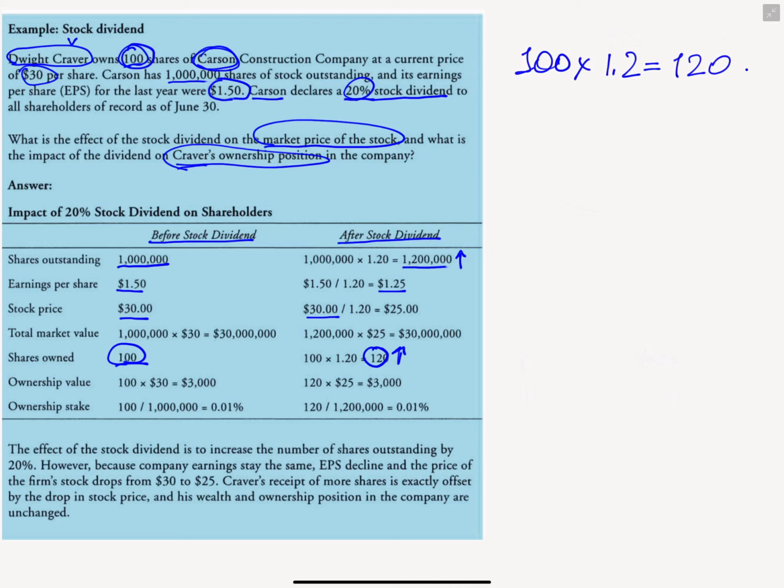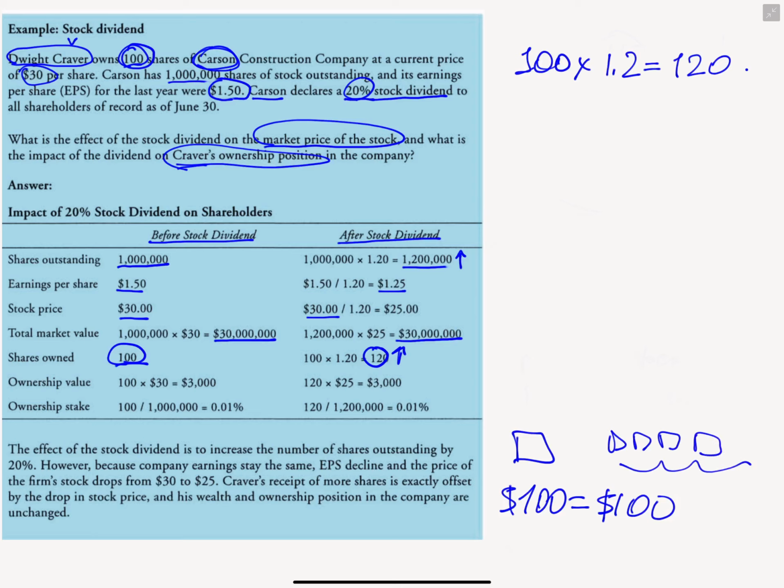Total market value of the company should stay the same, because stock dividend and stock split don't have an effect on it, as we said: $100 equals $100, no matter one banknote or 10 banknotes. Your total value of banknotes will stay the same.